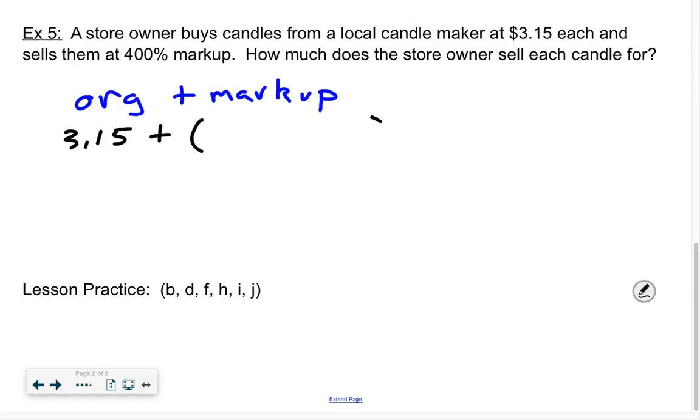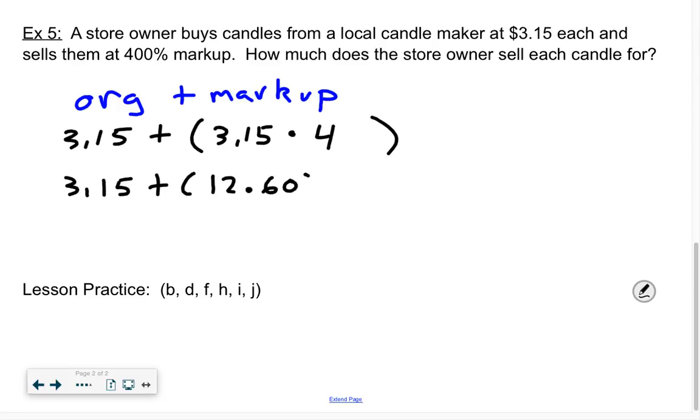What we need to find is that markup amount, which again is the same concept. $3.15 times that 400%. 400% as a decimal would be strictly 4. 3.15 times the 4 is 12.60. So the total price that we are asking for those candles now is $15.75.